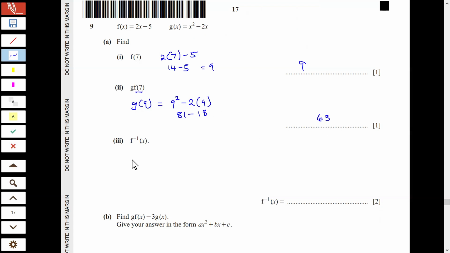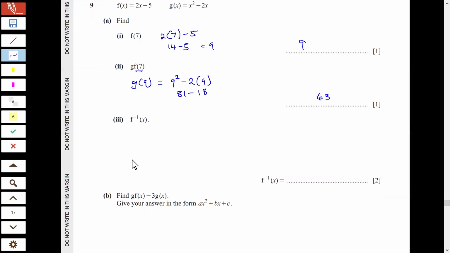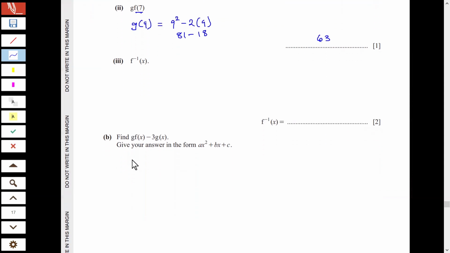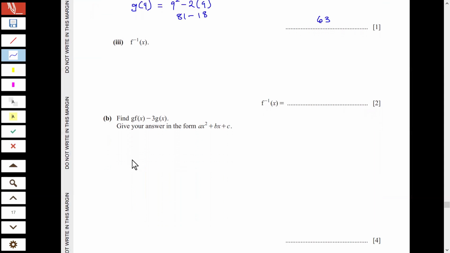So the next question says find f inverse of x. Okay, to find f inverse of x, we let y be equal to 2x minus 5.